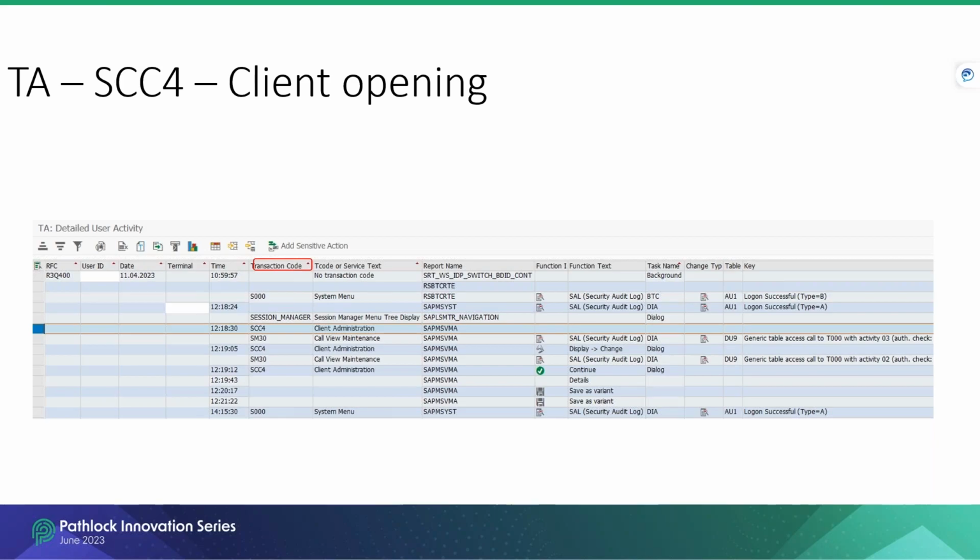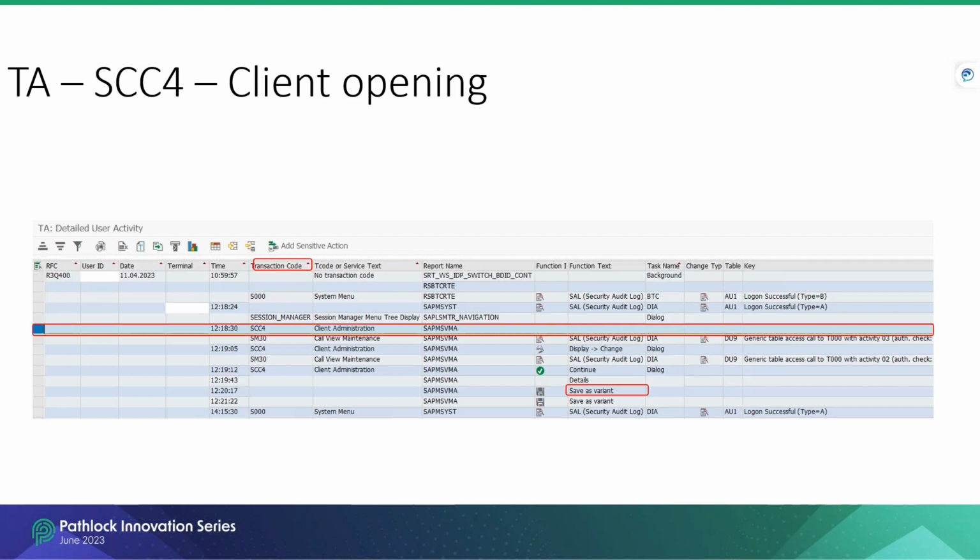So there's the transaction codes listed down here, and about the 6th row down you'll see SCC4 highlighted there. And also noted is after the SCC4 client opening session, there's a save as variant in the function text, which shows you the period of time that the system was open for.